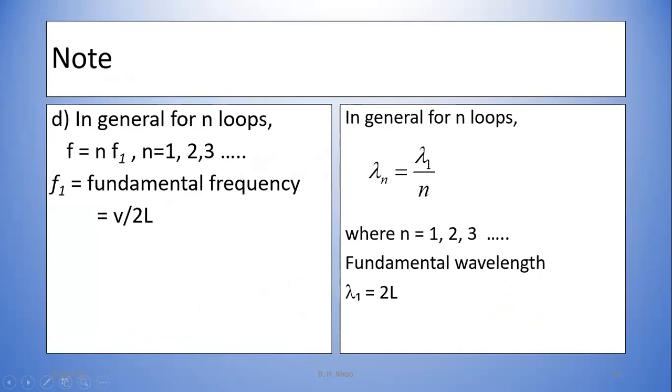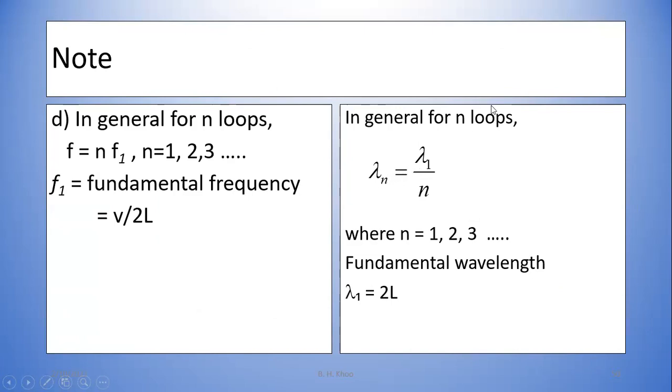So in general, you need to be able to memorize the fundamental frequency. And then for any number of loops, n, the frequency fn will be n f1. n is just 1, 2, 3, 4, and so on. You also need to remember this one, it will usually come out in the objective questions.